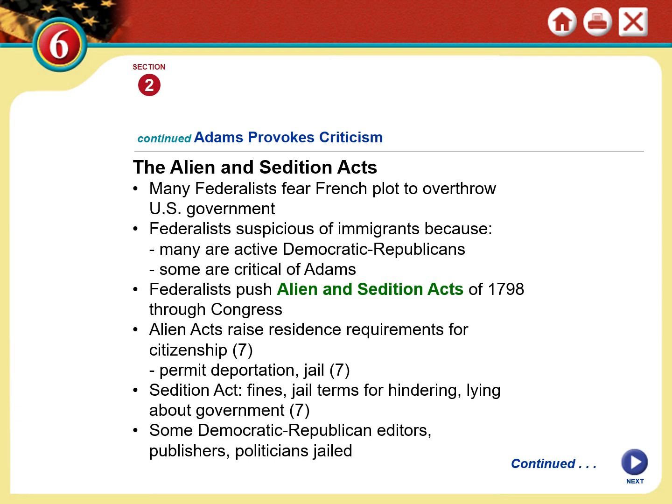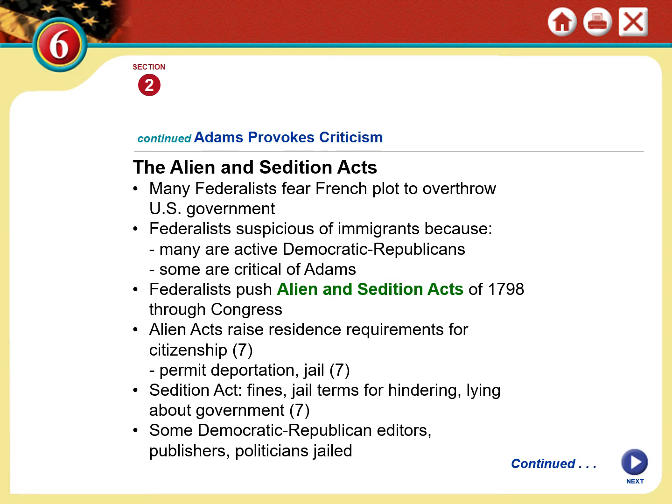And this allowed our government to place people in jail for publishing works or speaking words that either, quote, hindered or lied about the government.